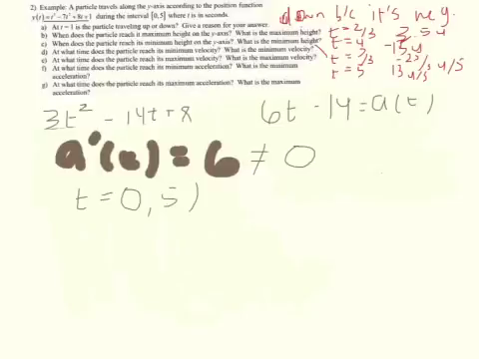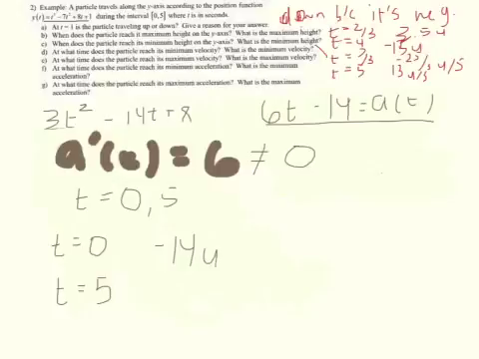So if we plug 0 and 5 into this equation, at t equals 0, it equals negative 14, and at t equals 5, oh, this is units per second squared. So at t equals 5, we get 16 units per second squared.